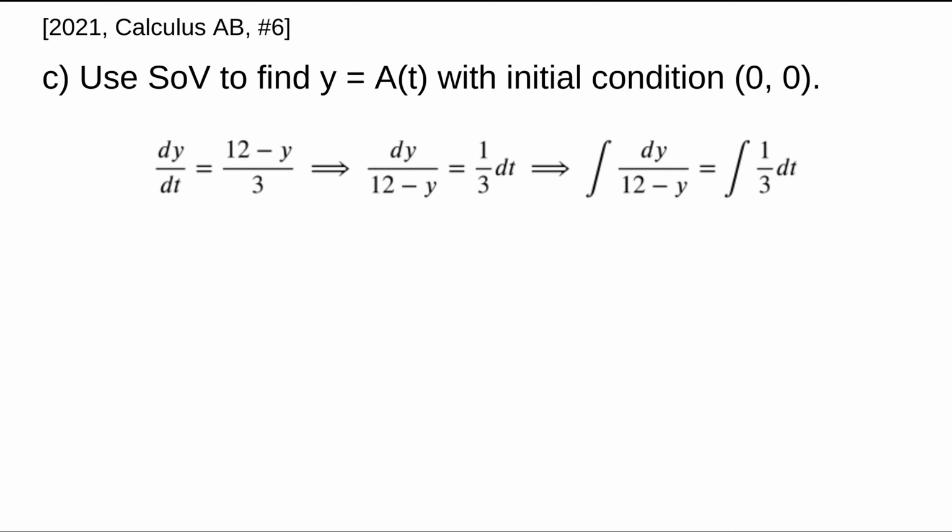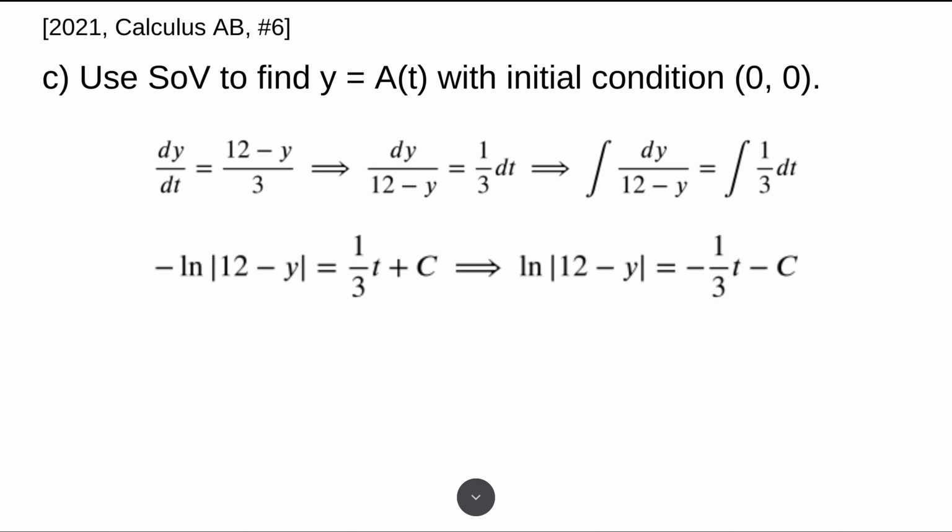If I divide everything by 12 minus y, I get dy over (12 minus y) equals 1/3 dt, and now we just integrate both sides. Integrating both sides gives us negative natural log of (12 minus y) equals 1/3 t plus C. Doing a little bit of simplification, the natural log of (12 minus y) is negative 1/3 t minus C.